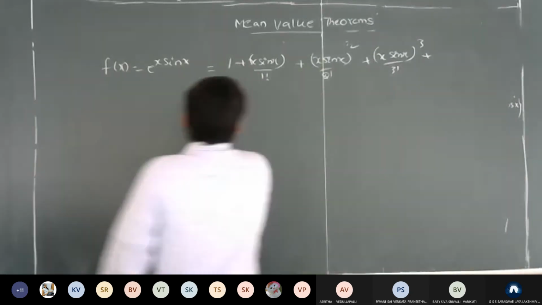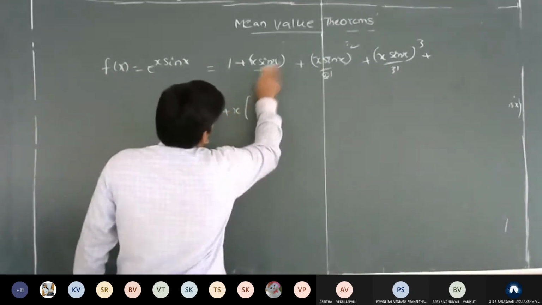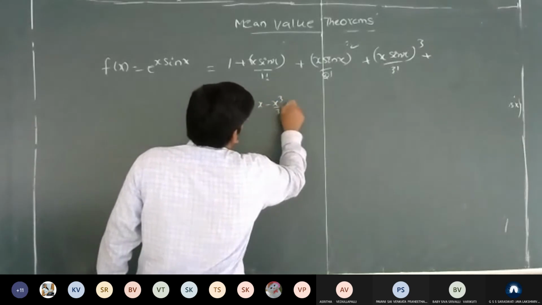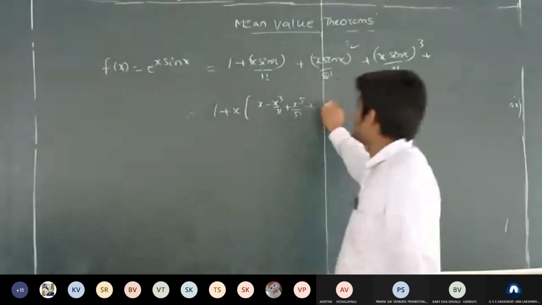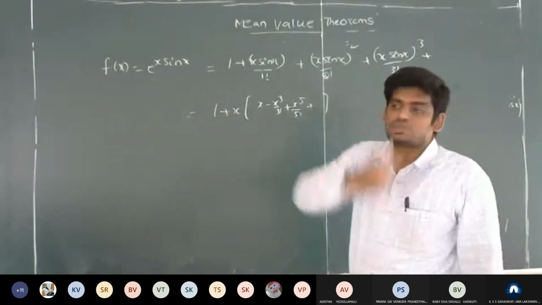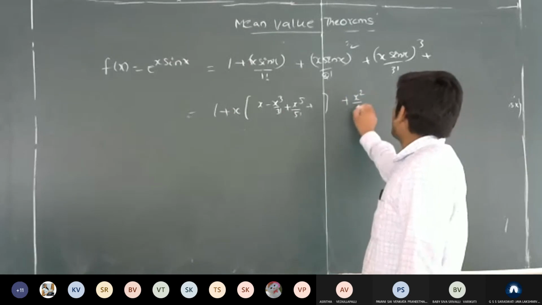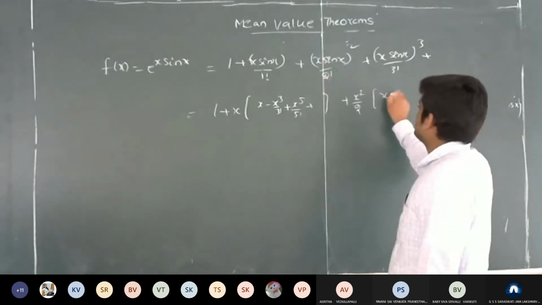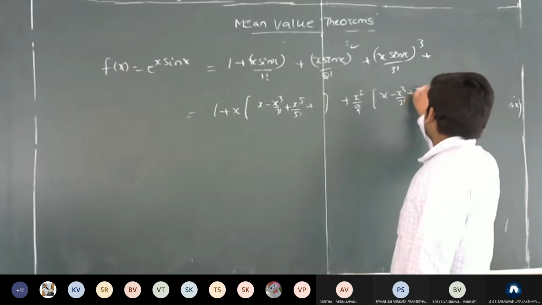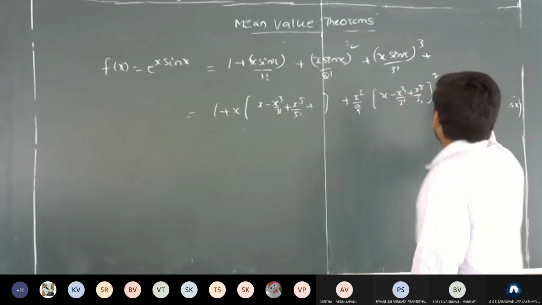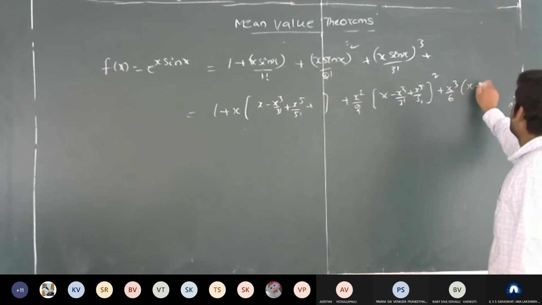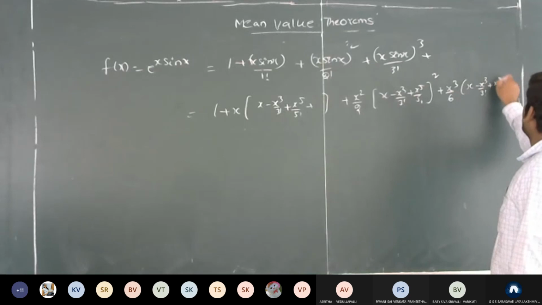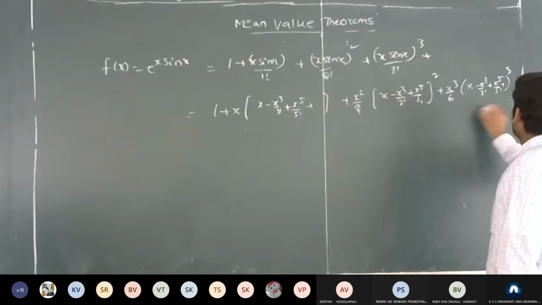So now this is equal to 1 plus x into the sin x expansion, x minus x cube by 3 factorial plus x power 5 by 5 factorial. Only the x power 4 terms we have to collect. Here this is x square by 2 into (x minus x cube by 3 factorial plus x power 5 by 5 factorial) whole square, plus x cube by 3 factorial, that is 6, into (x minus x cube by 3 factorial plus x power 5 by 5 factorial and so on) whole cube.